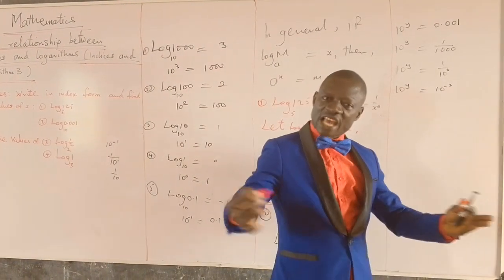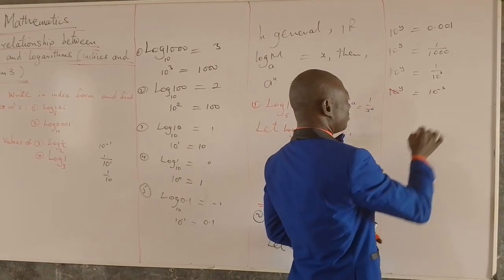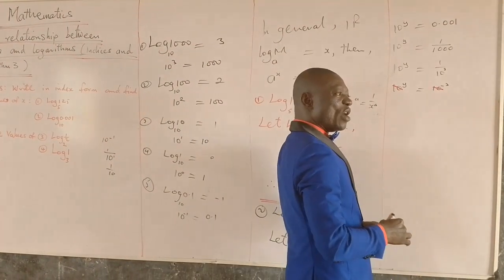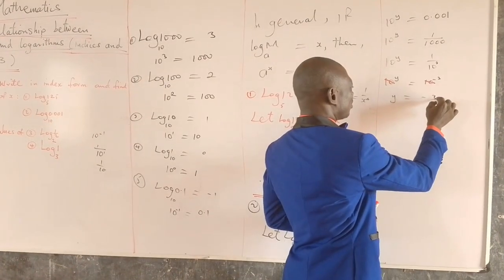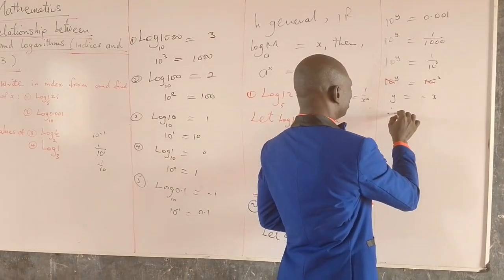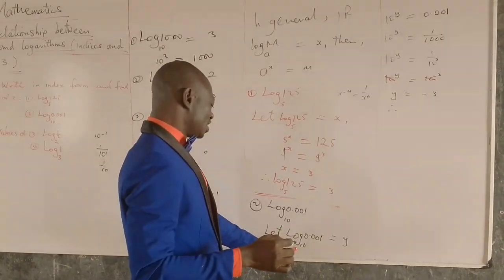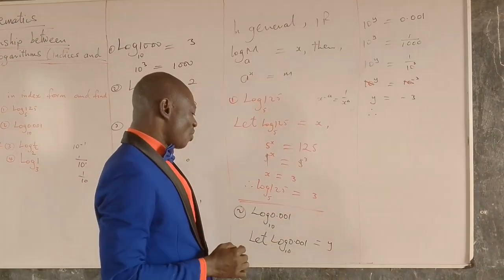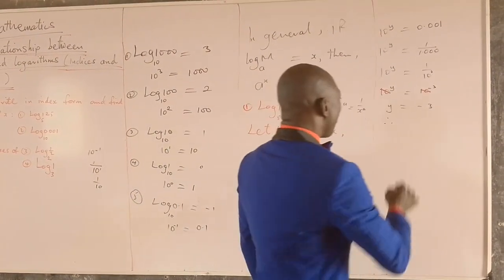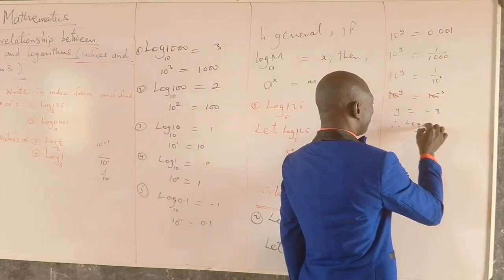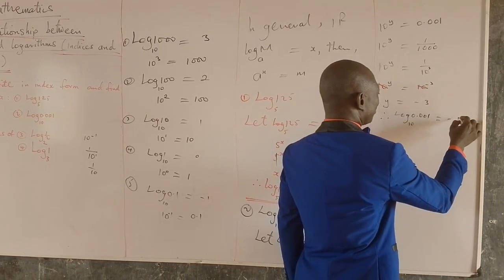We cancel out the bases and equate the numbers, meaning that y is equal to minus 3. Therefore, we are sure that the question they asked us, log 0.001 in base 10, is equal to minus 3.